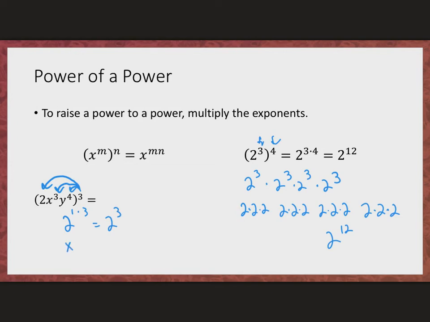Then we have x to the third times 3, because we're raising x to the third power. That will be x to the 9th. And finally, we have y to the 4th, and I'll multiply that by 3. That gives us y to the 12th. So this is 2 to the third, which I'll rewrite as 8, x to the 9th, y to the 12th.